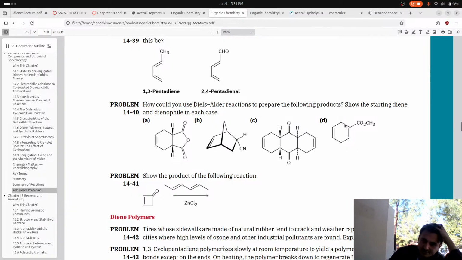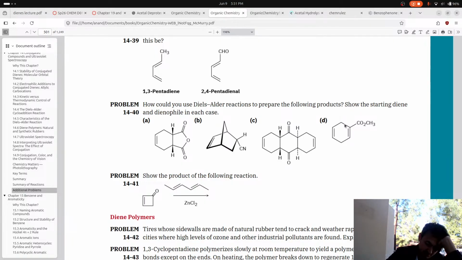Is this one easy? It looks like it should be easy. Oh, it's a methyl ester.